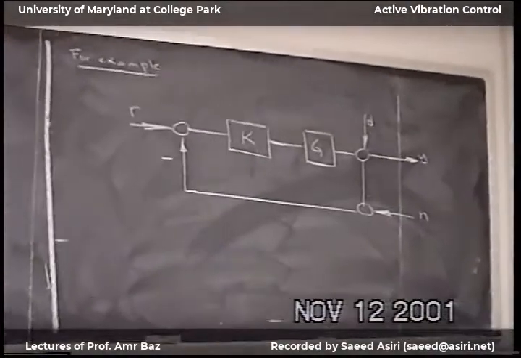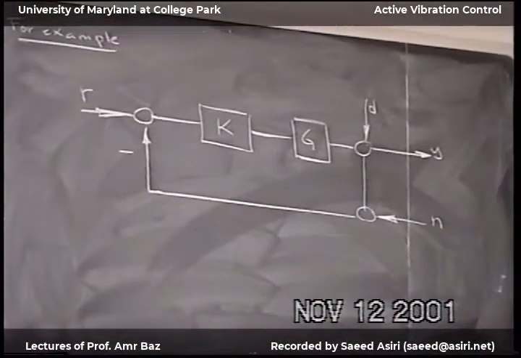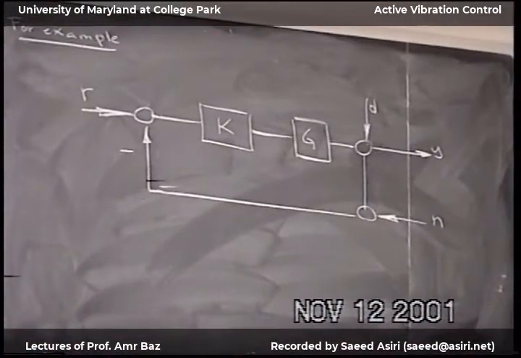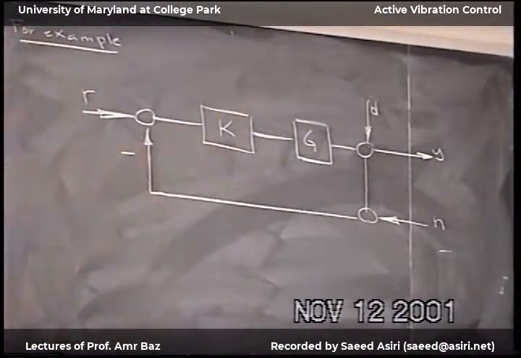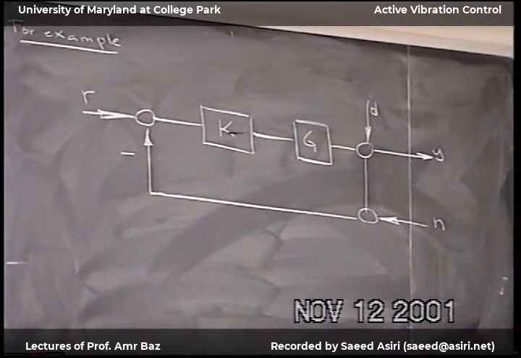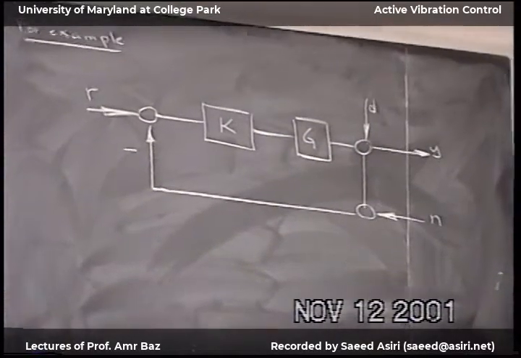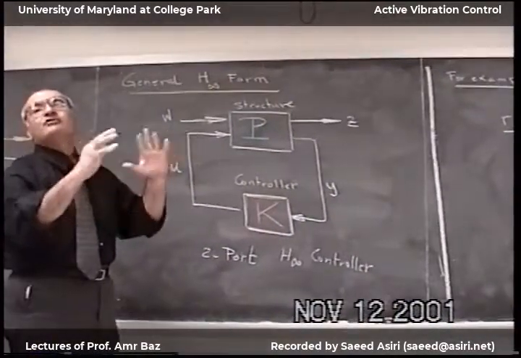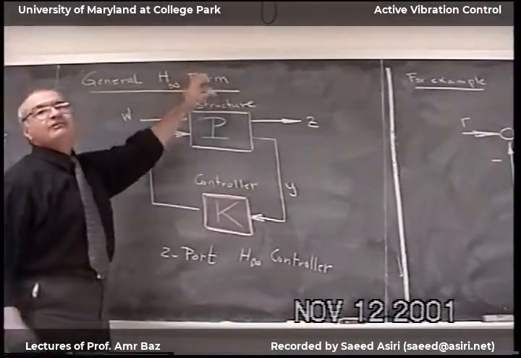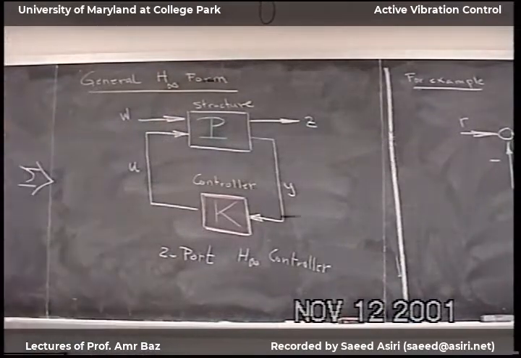Why? Because this is how MATLAB is structured. Any system assembly or connections, I can reduce them to this form. Once I have this form, I put it in, and I have one single command. I generate everything. I generate how the transfer function looks like, how the co-sensitivity function looks like, and sensitivity, and so on. Once we put the uncertainty, then we can check system stabilities and so on.